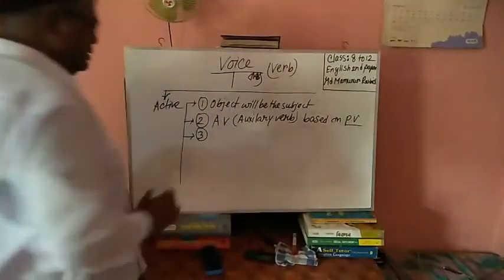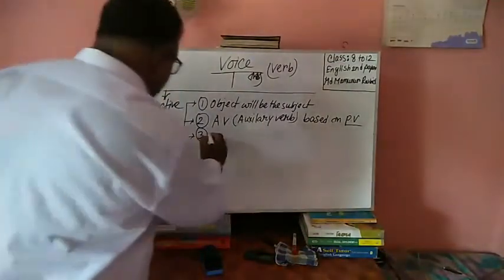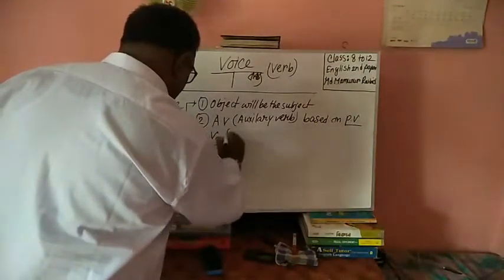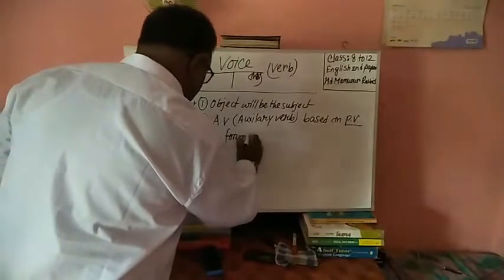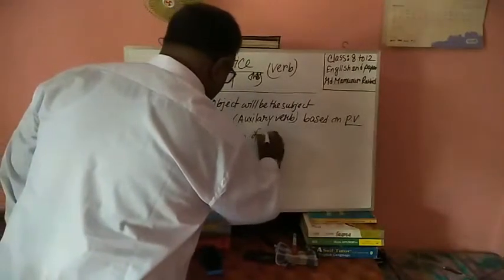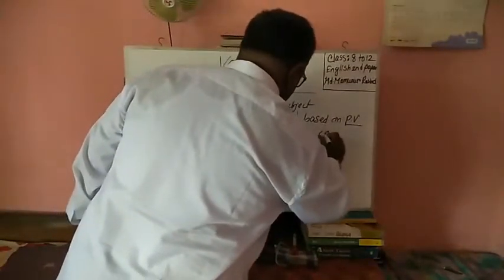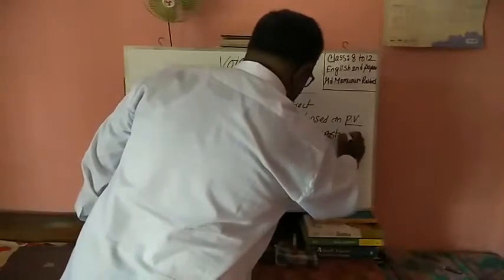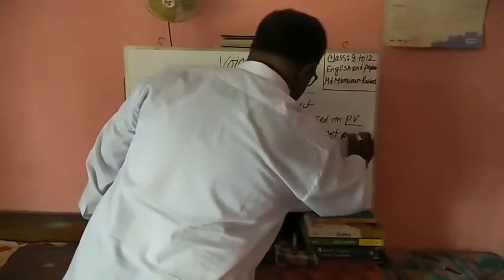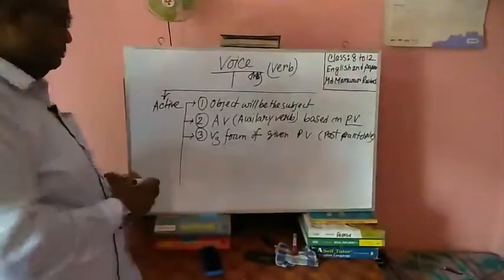And then the third one is V3 form of the given principal verb. V3 means past participle form of the verb.